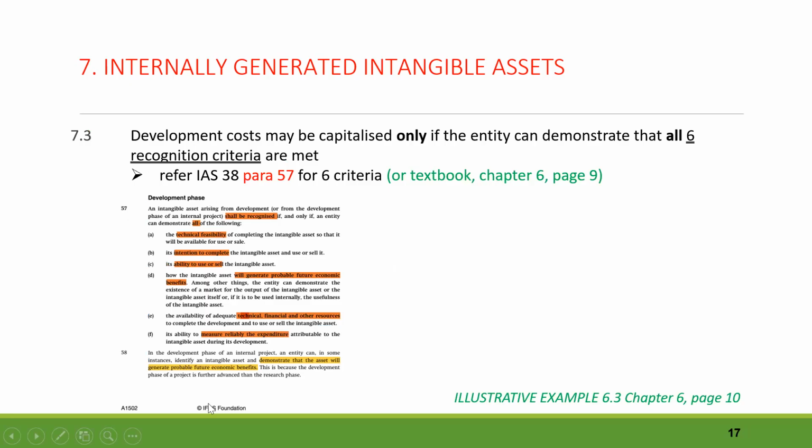So this is an extract from your standard, and it will guide you if you had a discussion question where you needed to determine whether the costs could be capitalized or not, whether something was in the research phase or the development phase, whether it meets the criteria of being capitalized. So these 6 criteria have to be met. You have to be able to demonstrate that the asset will generate future economic benefit.